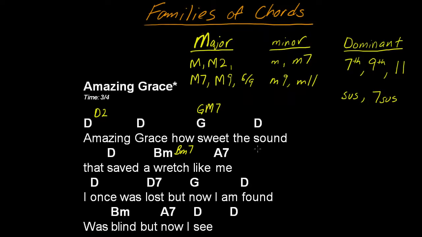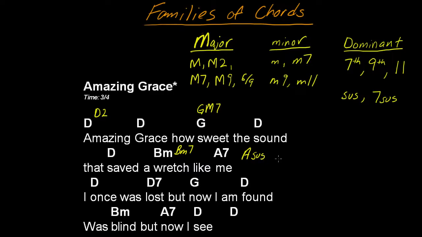Okay, here's another one, A7. This is a dominant type of chord, right? Family chords. Well, if I play this A7, it's going to sound real traditional, which Amazing Grace is a traditional song. But let's say I want to play it a little more modern. Instead of playing A7, I could play A suspended. And that will already make it sound a little more modern.